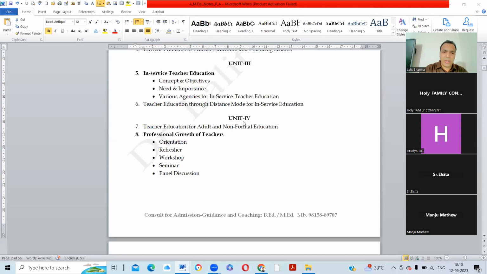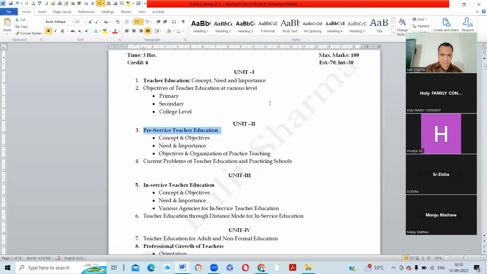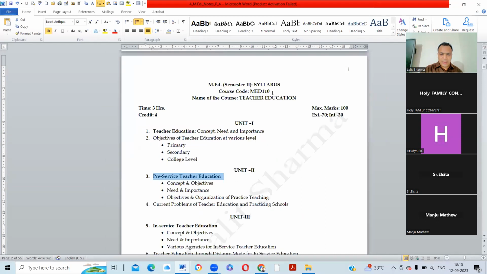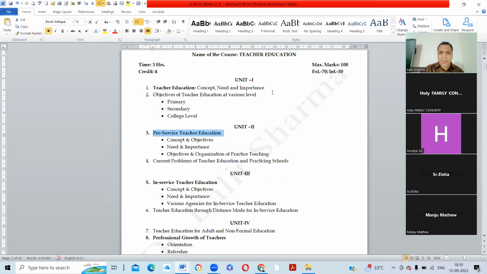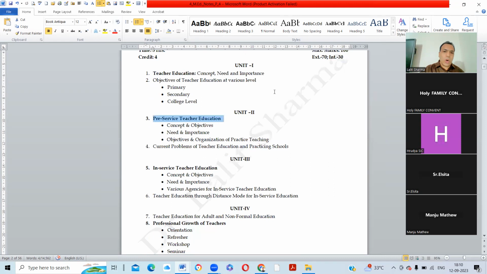And last, Unit 4 is teacher education for adult and non-formal education. And the last chapter, professional growth of teachers: orientation, refresher, workshop, seminar, panel discussion. You can see that again, see the syllabus. It is a very, very easy paper and a small paper.